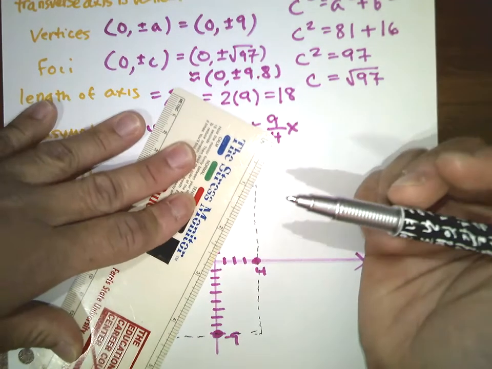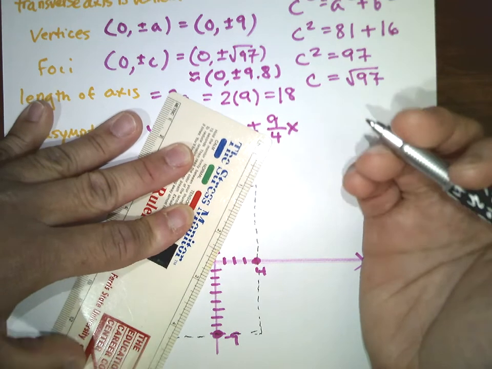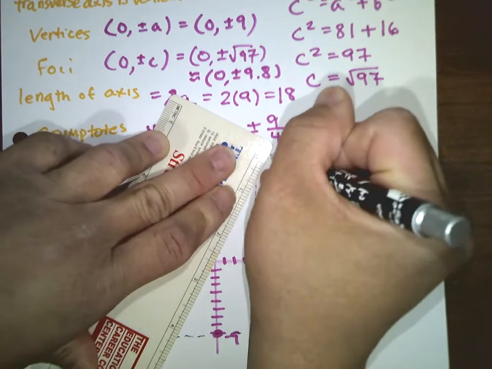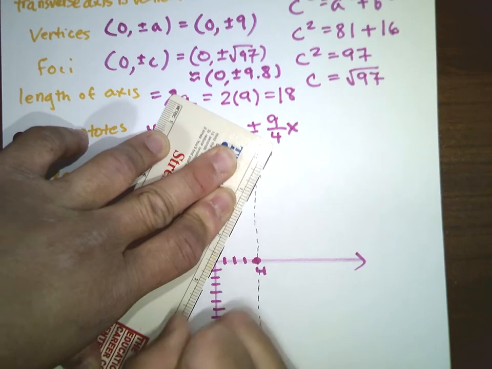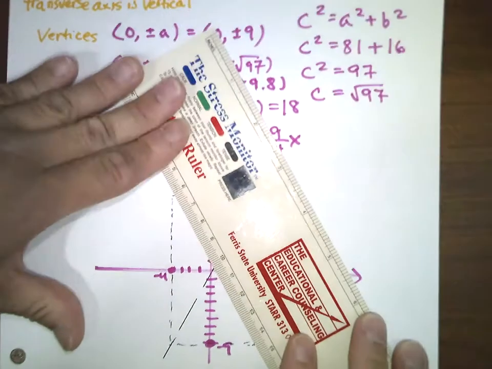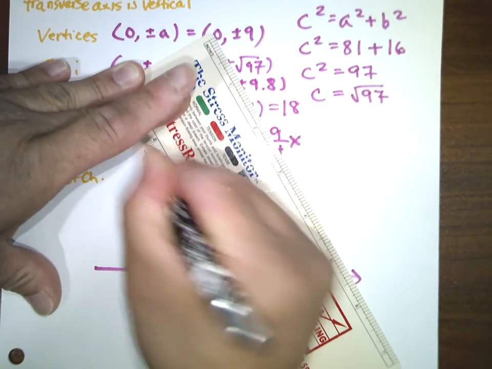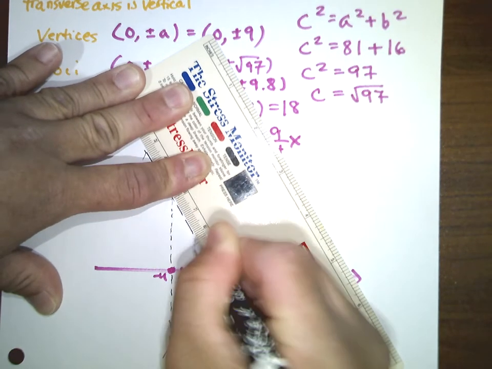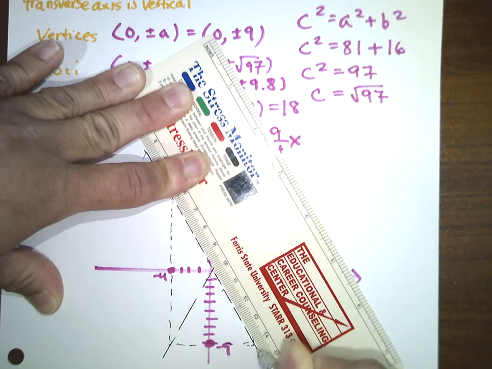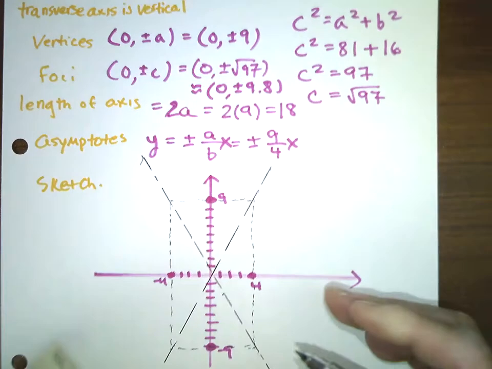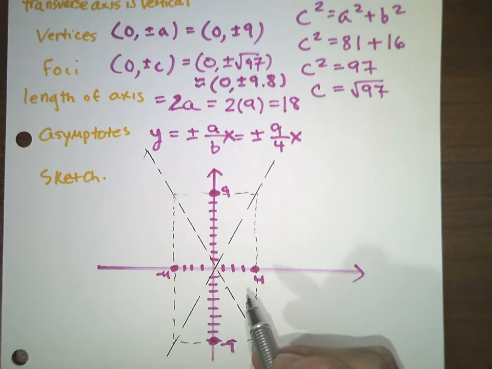So you really don't necessarily need to know the equation of the asymptotes, because the asymptotes are going to go through the diagonals of the box. Always remember that you don't ever need to know the equations of the asymptotes unless you're being asked. Otherwise you can just draw the asymptotes quickly through the diagonals of the central box.